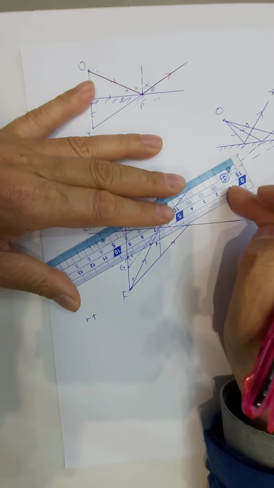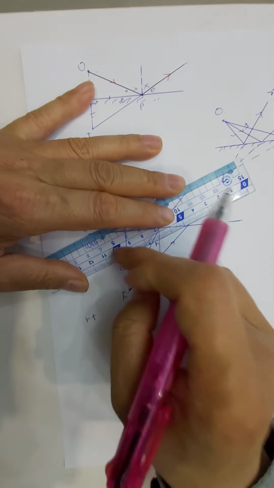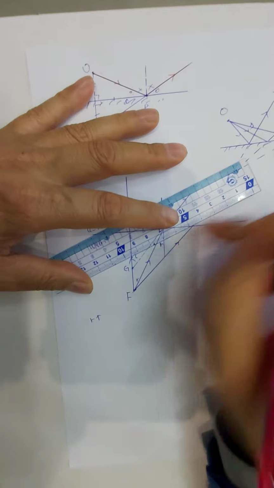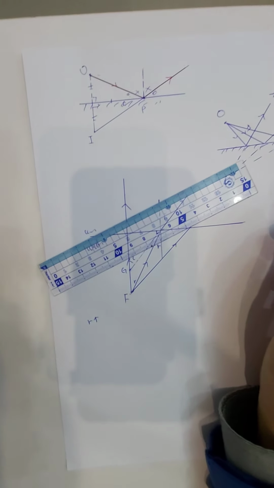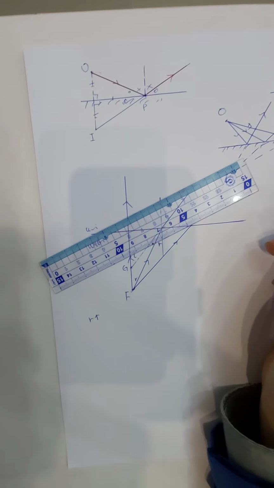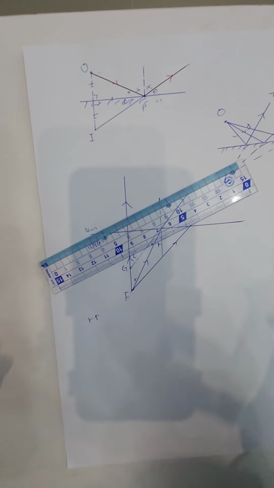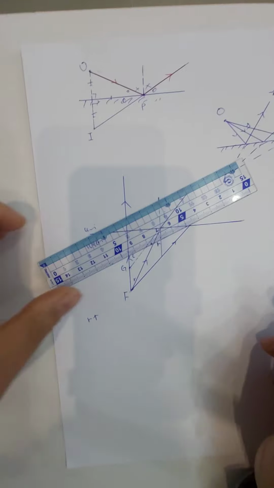If the ray cuts the vertical at a point above G, it is also bent away from the normal. So bending away from the normal alone cannot determine where the ray should be. So this must be done by calculation.